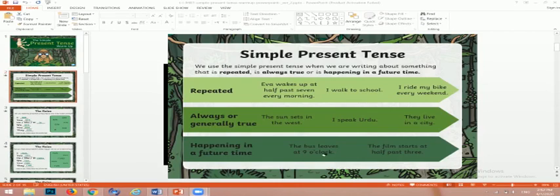Second one, always or generally true, means facts or habits, that the sun sets in the west, or it rains in winter, or cats drink milk, or birds can fly. So a fact or a habit, something that is true and real.